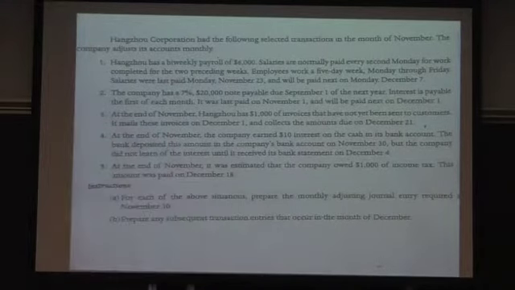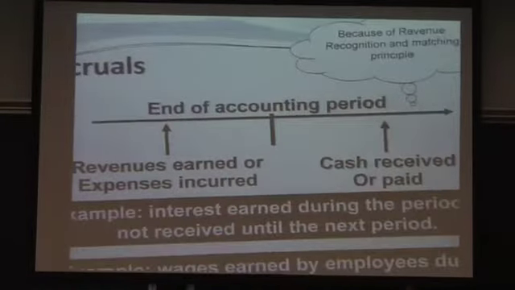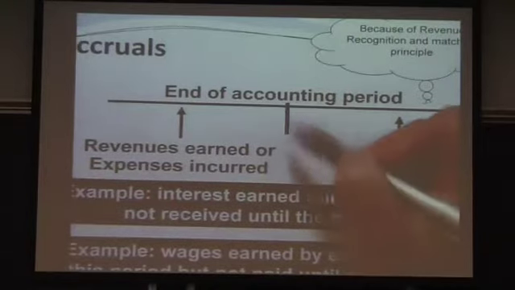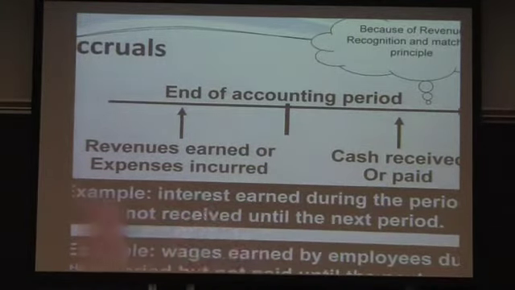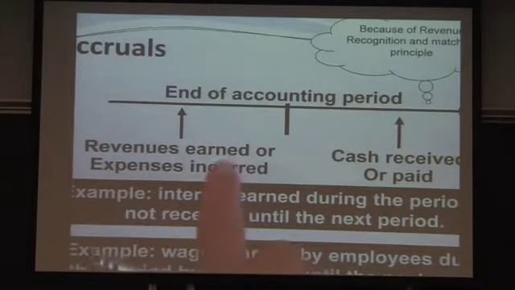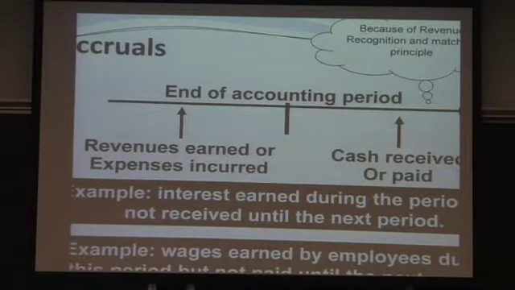It mails these invoices on December 1st and collects the amount on December 21st. So this is the concept called accrual. And in accrual, the concept here is that at the end of accounting period, which in our case was November 30th, we need to capture what revenues were earned or what expenses were incurred, irrespective of when they were received or paid.